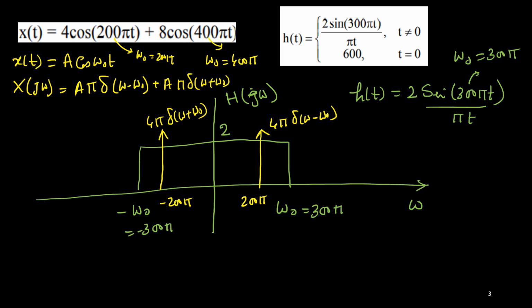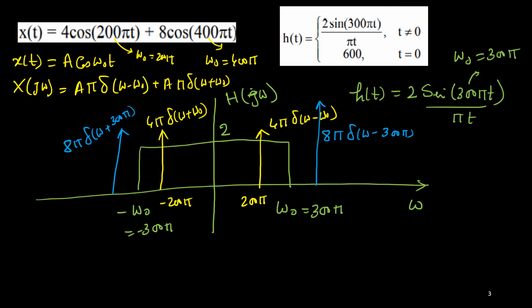And for the next one, it is 8 cos 400 pi t. So 400 pi will be here. For that, I can have the impulse like this, and it is 8 pi delta of omega minus 400 pi, and this one will be here, 8 pi delta of omega plus 400 pi.